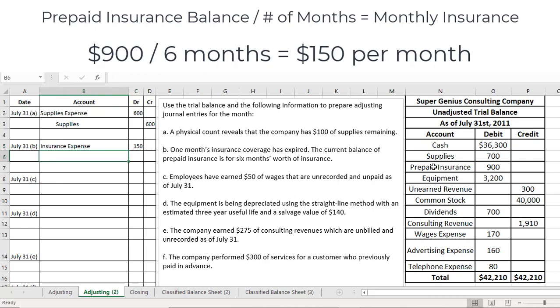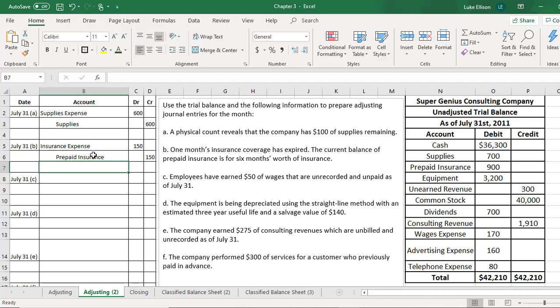And we also have to decrease our prepaid insurance if we're using that insurance. So we're going to use prepaid insurance and decrease that with a credit of $150, since that's an asset account. Part C says that employees have earned $50 of wages that are unrecorded and unpaid as of July 31st.